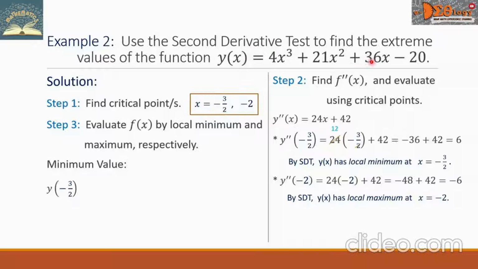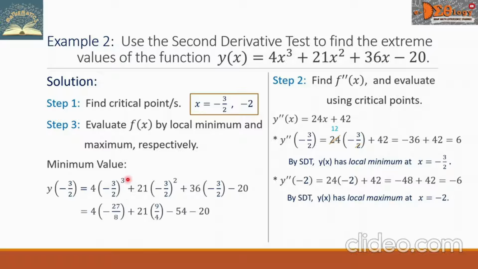This is our function. So this function becomes like this. We change all the x by the value negative 3 over 2. Then let us simplify. The cube of negative 3 over 2 is negative 27 over 8. The square of negative 3 over 2 is positive 9 over 4.